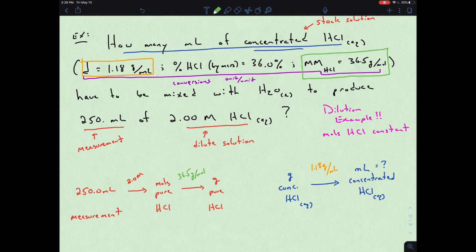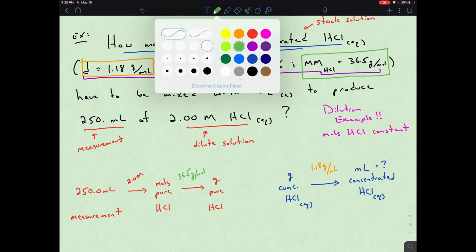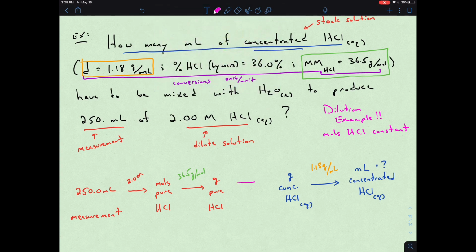So now we're almost there, right? We have one more arrow to fill in, and we actually only have one more conversion to use. So in order to get from grams of pure HCl to grams of that concentrated HCl, that's where I'm making my connection between the two different styles of units.